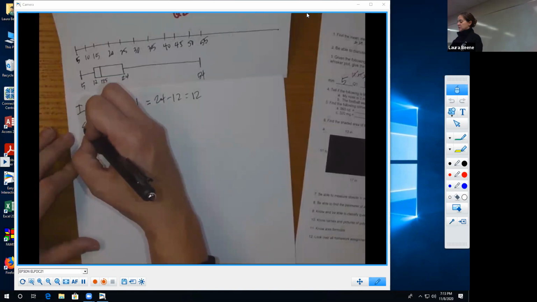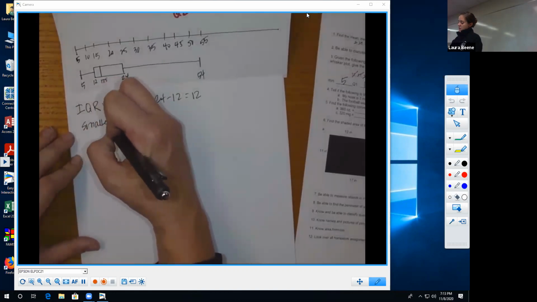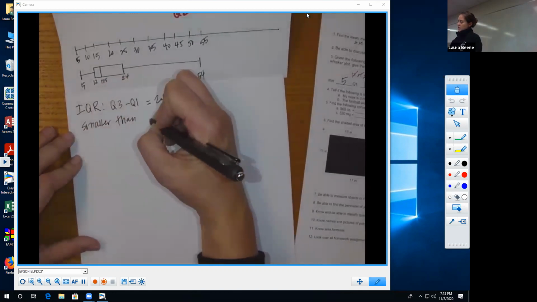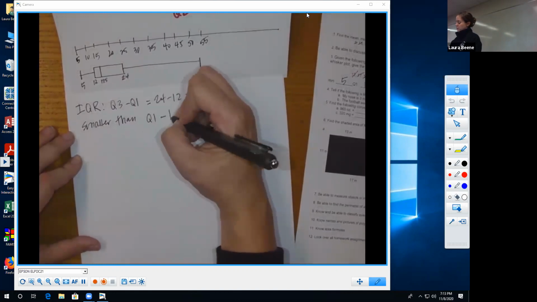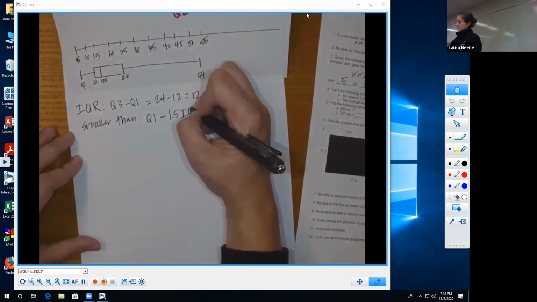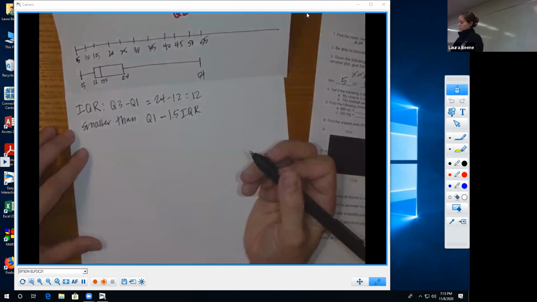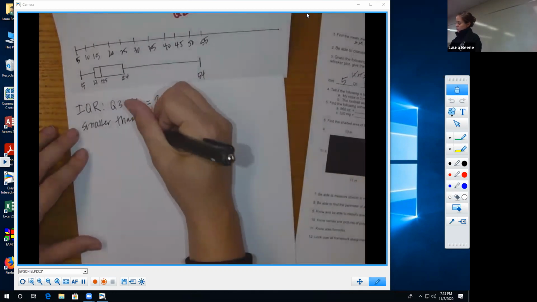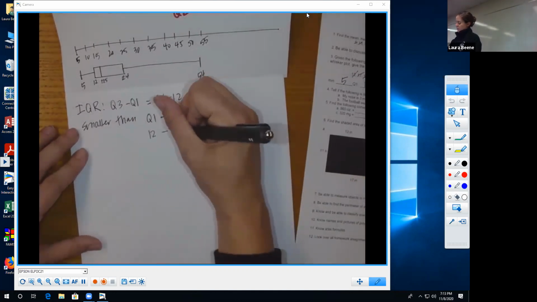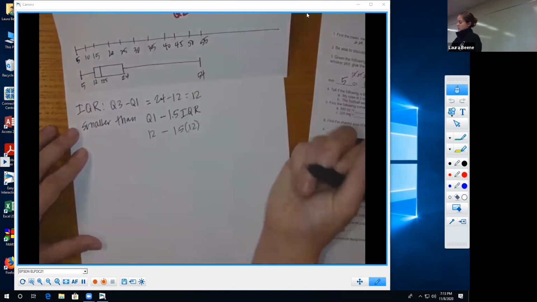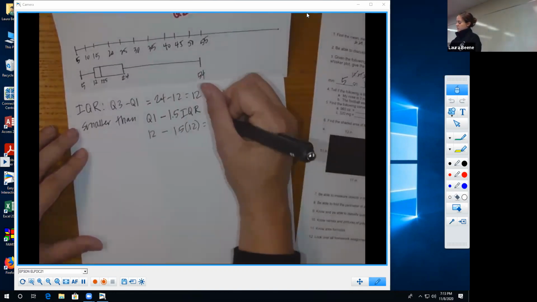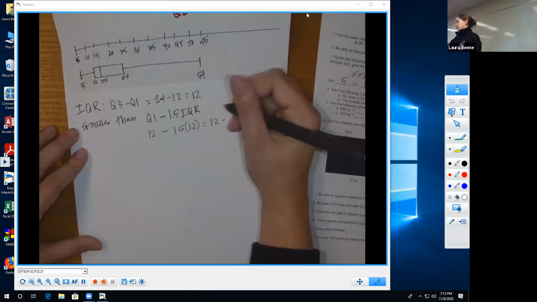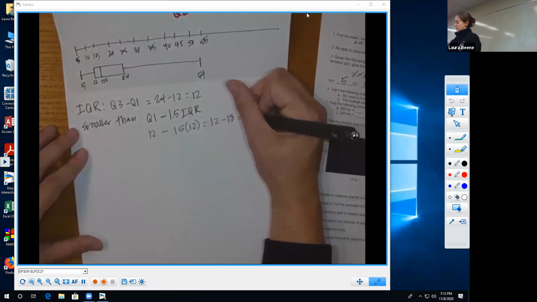Outliers are numbers smaller than Q1 minus 1.5 times the IQR, which would be 12 minus 1.5 times 12, which is 12 minus 18, which would be -6.